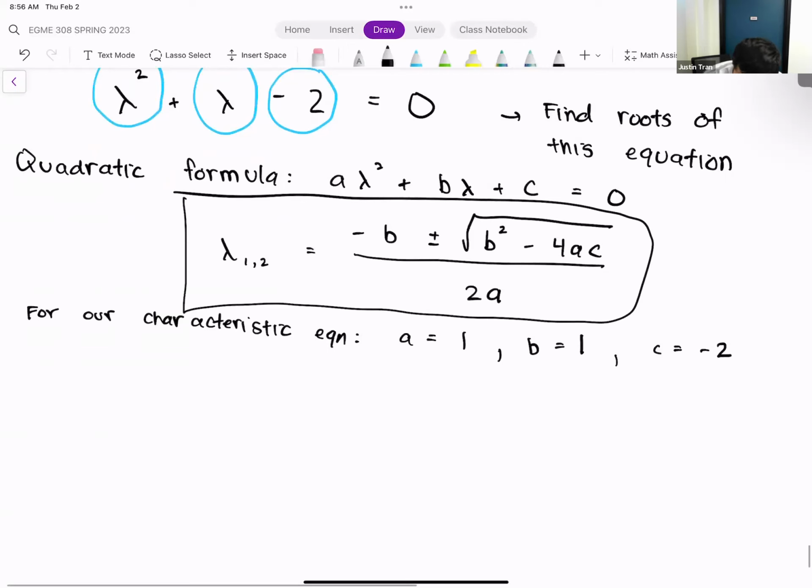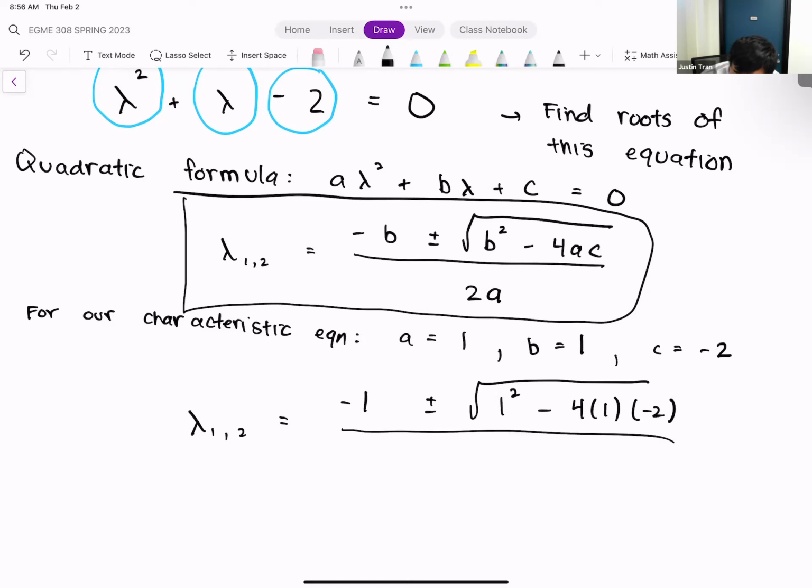All right, so let's go ahead and plug in. We have lambda 1 and lambda 2 is equal to minus b, minus 1, plus or minus the square root of b squared, 1 squared, minus 4ac, 4 times 1 times minus 2, all divided by 2a, 2 times 1.